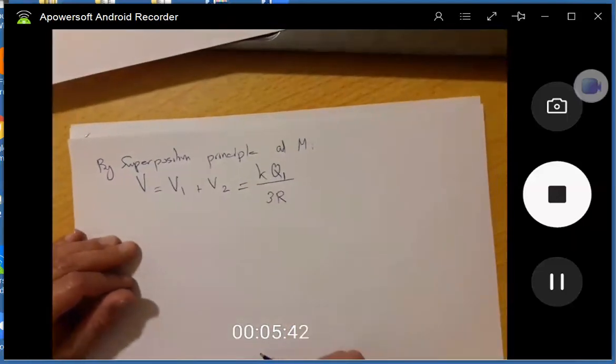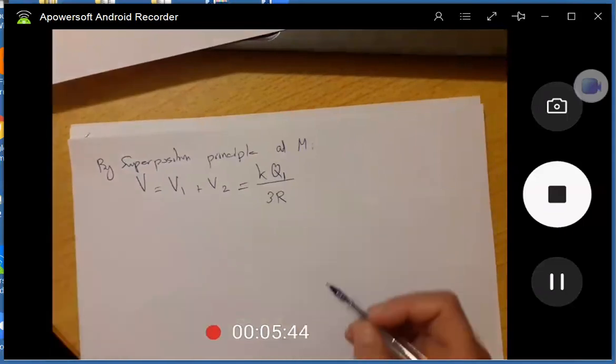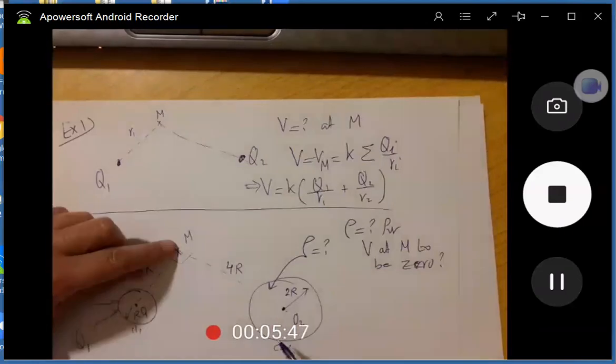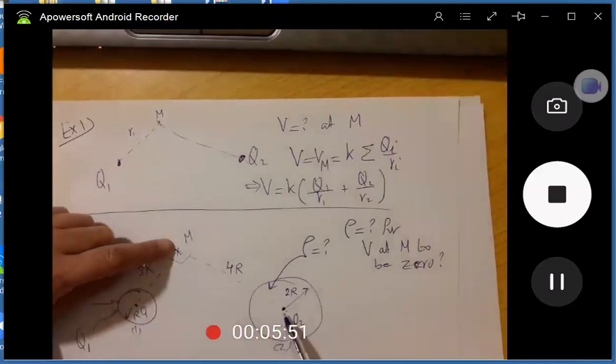At point M the potential here will be K times the total charge of this sphere, and the total charge is not given.